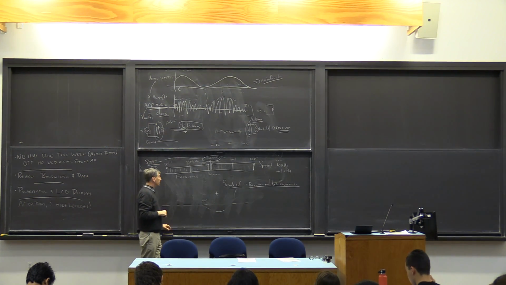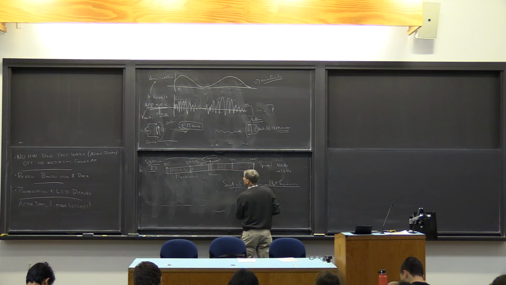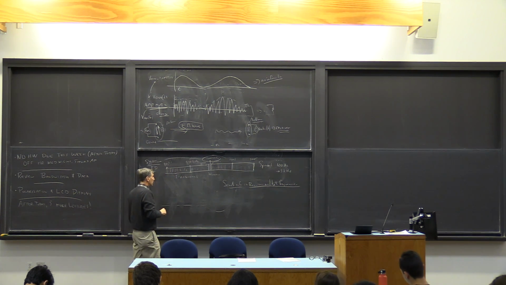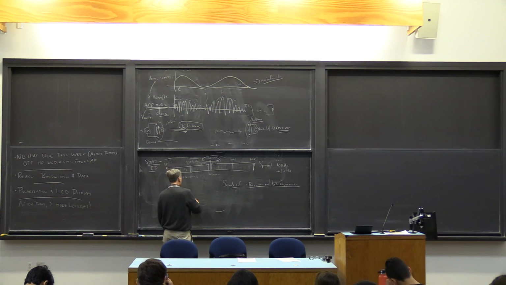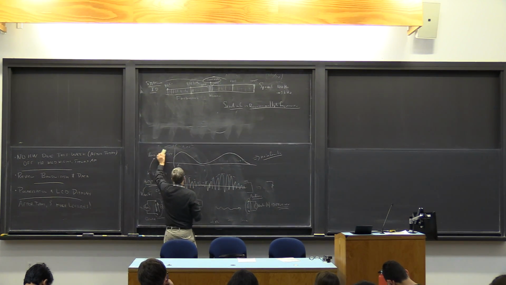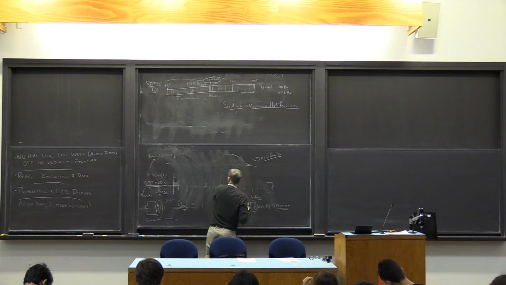And then at the receiving end, well, let me just leave it like this for a minute. I'm going to redraw this picture and shrink it down. These pictures are all in your notes or handouts.